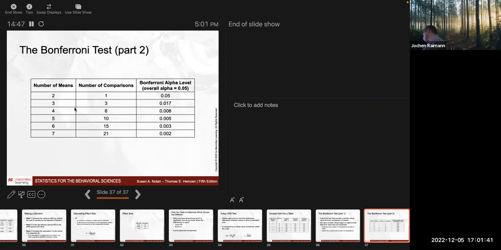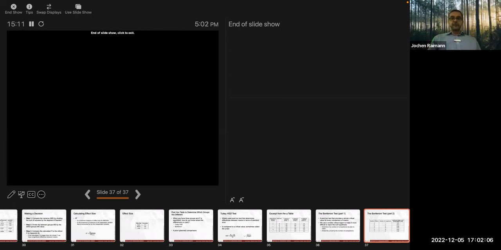This changes with the number of comparisons you conduct in your post-hoc comparison. In our case, with the foraging, it was 6 comparisons, so we would use a p-value of 0.008, which is substantially lower than the 0.05 that we usually used. So that's the Bonferroni.